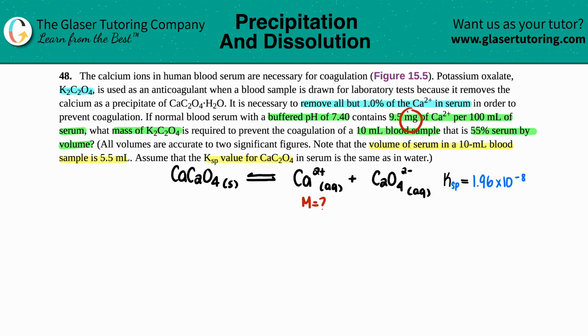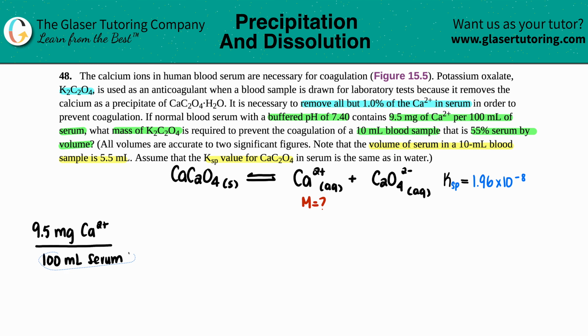So I need to somehow turn milligrams into molarity. So let's see. They told me that I had 9.5 milligrams of Ca2+, and that's per 100 mL of the serum. So per, remember, means division, and this is 100 mL of serum.